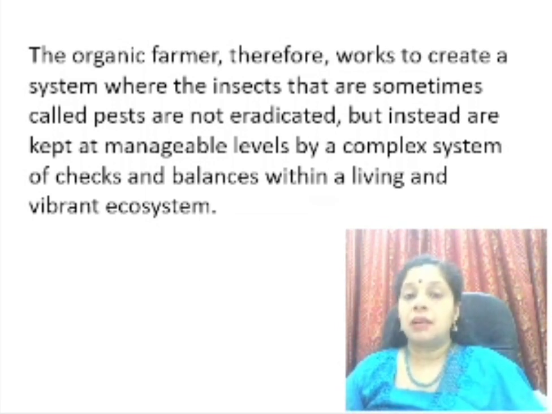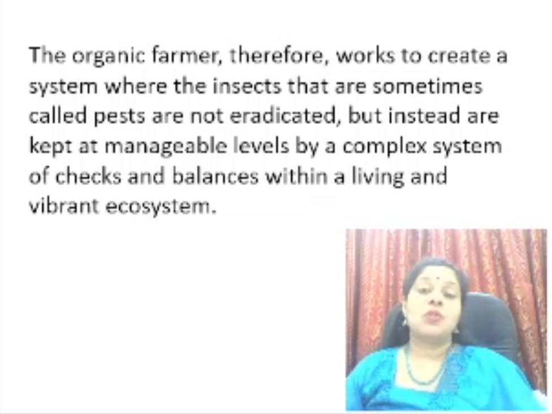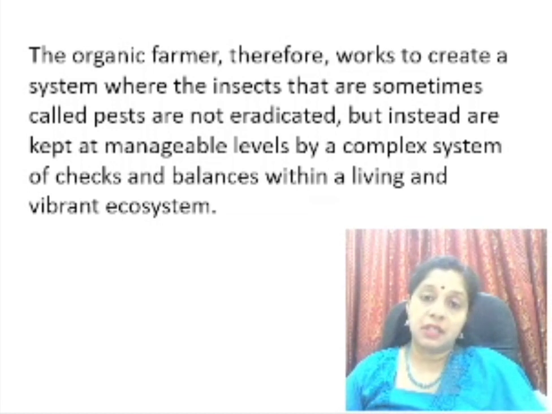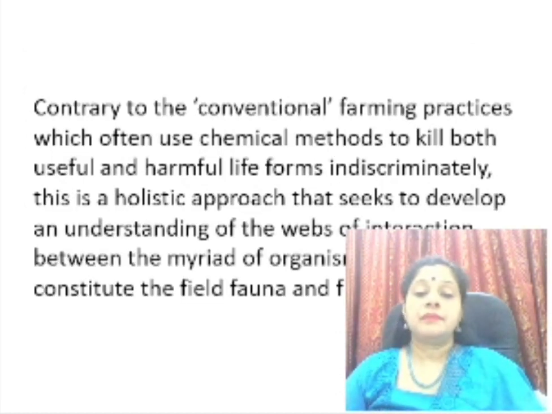That is, we are not completely killing them. Some of them we need. They also have an important role in the ecosystem. Maybe they are troubling us, but they have a significant role in nature. So their number is only kept under control so that they are not harming our crops.